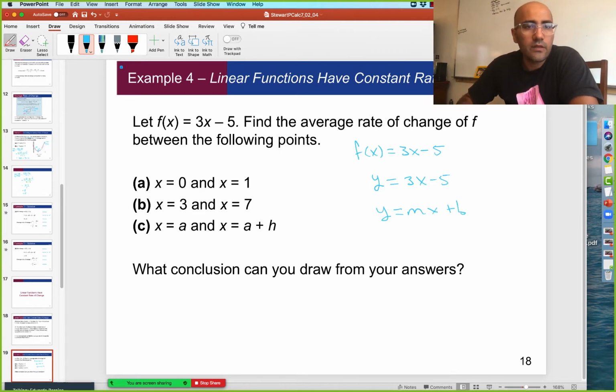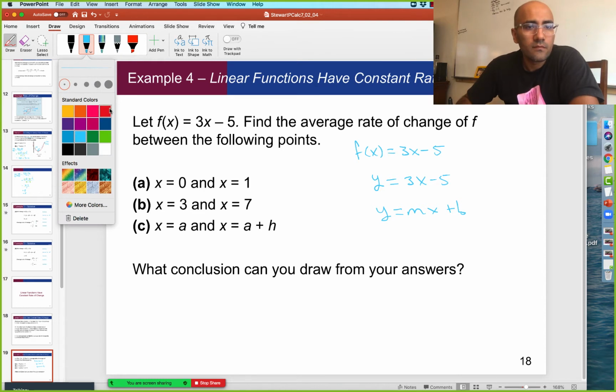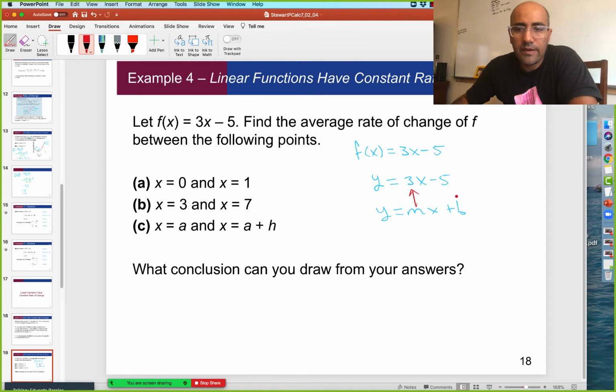So clearly the m is being played by a 3. So m equals 3. And the b is this guy. So (0, negative 5) is the y-intercept.